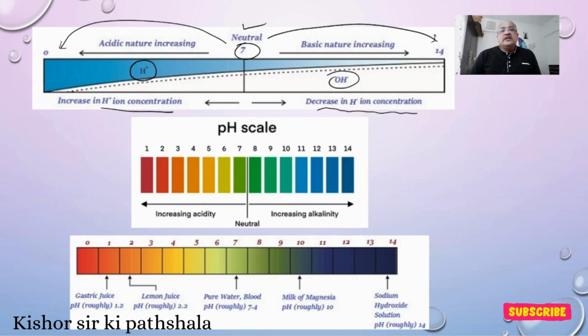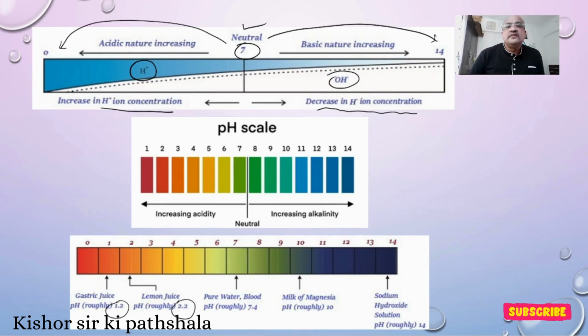Here you see increasing acidity, with different colors. Neutral, and here you will see different colors for alkalinity. Gastric juice has a pH of roughly 1.2.